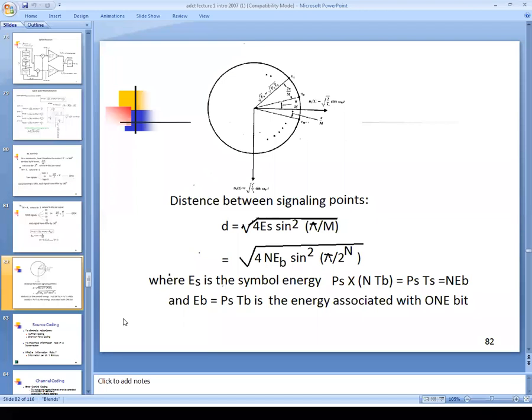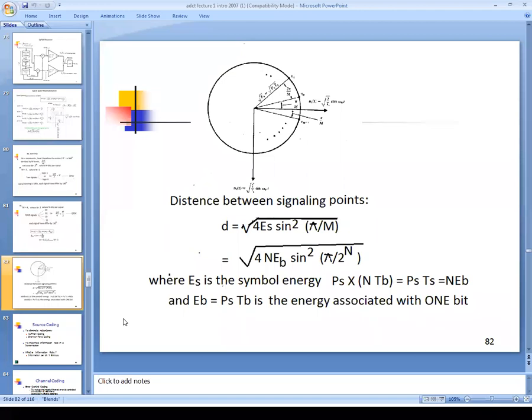Now the distance between signaling points, D, is equal to... see this, the equation is important. This equation is known as the Euclidean distance between two subsequent points. The subsequent points are on the circle, and the circle spacing is the entire 2 pi, that is 360 degrees.